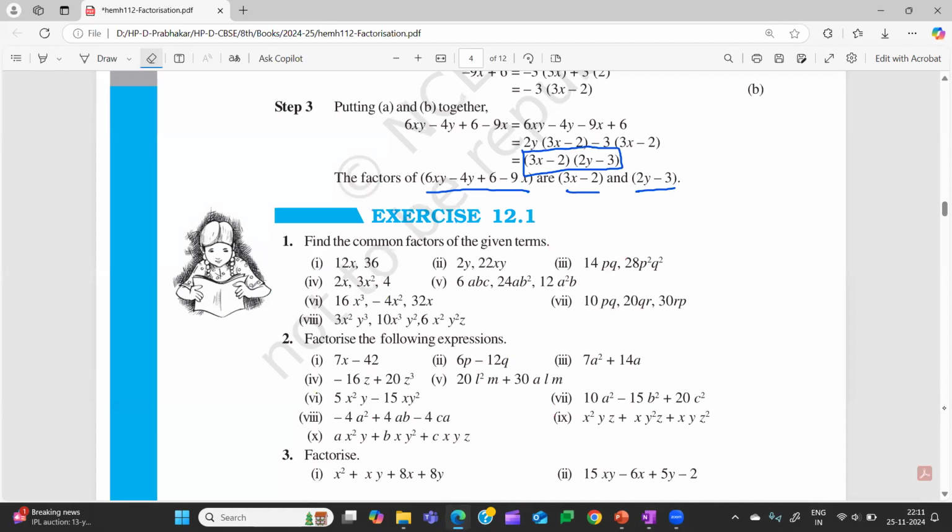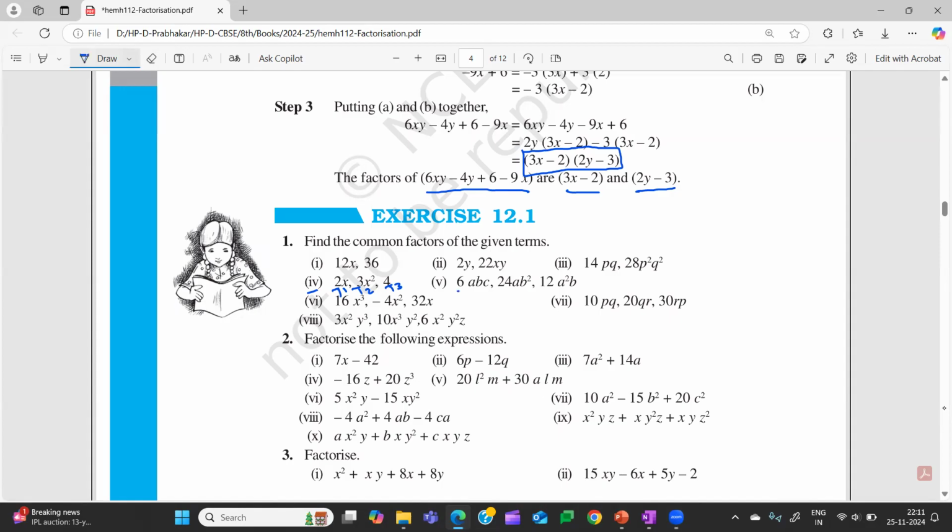So shall we go to the next part of the video for this exercise 12.1, Roman letter 4, Roman letter 5. I'll just mark it here. Roman letter 4 has term 1, 2x, term 2 is 3x square, and term 3, T3 I'm writing, is number 4.